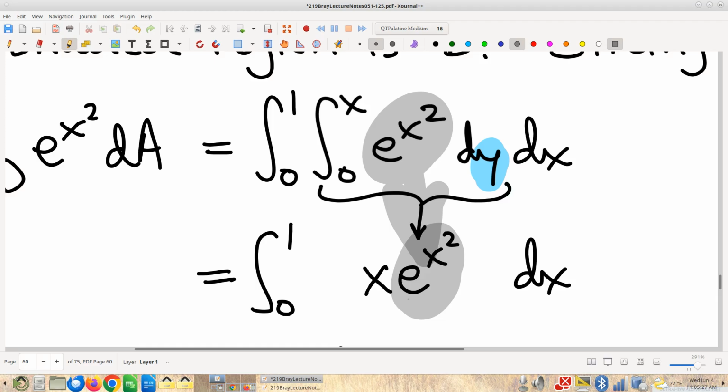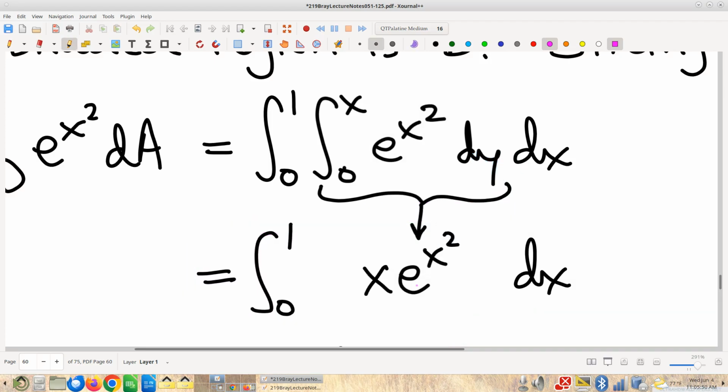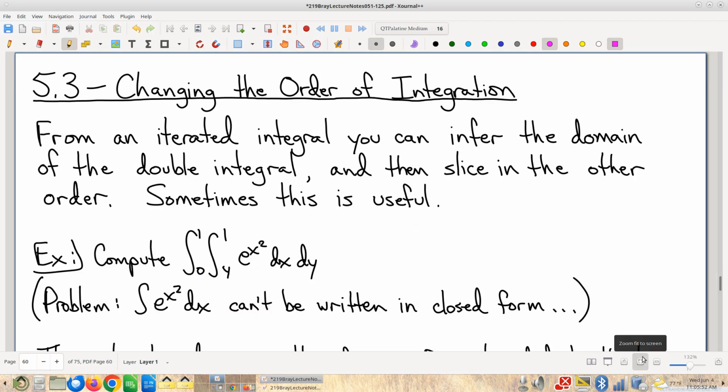Notice that the resulting single variable integral is not the impossible x integral we were looking at originally. Now there's an extra factor of x. You can just do a u substitution, let u equals x squared, and everything falls into place. So weirdly, sometimes changing the order of integration makes a problem computationally much easier. Okay, so that's 5.3.